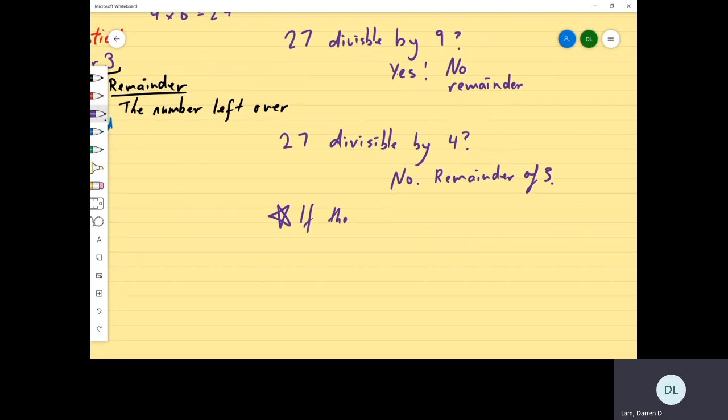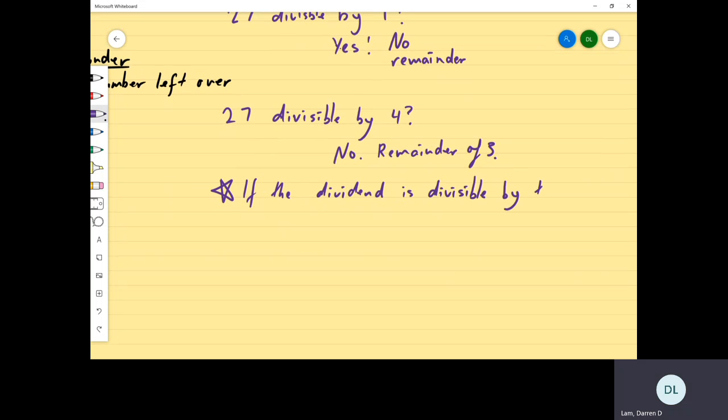If the dividend is divisible by the divisor, it's like a tongue twister, then the divisor is a factor.